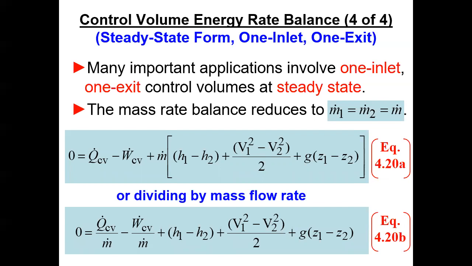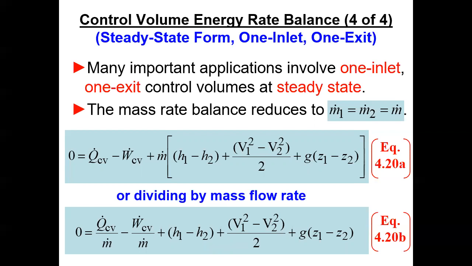Or, and we'll have a sizable number of problems like this, you can also just divide through by the M, and then it's the heat transfer per unit mass. It's the work per unit mass. And then all those other terms are per unit mass. So you can work it for the total mass, or you can work it on a unit mass basis.